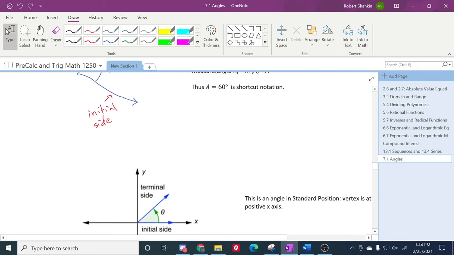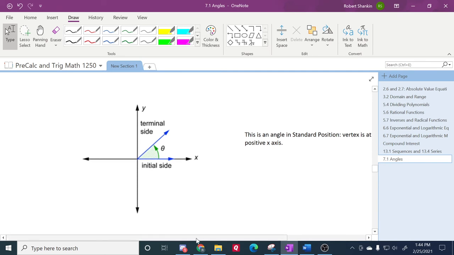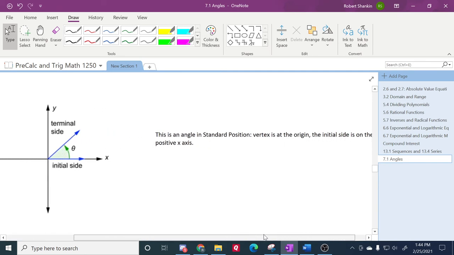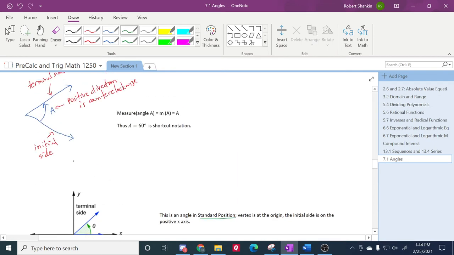All right, so standard position. This angle is what we call in standard position. Standard position means the vertex is at the origin, and let's come back up here.